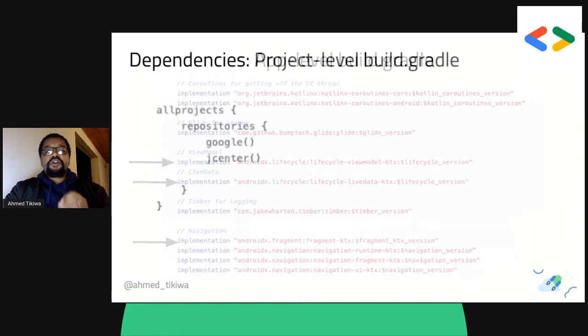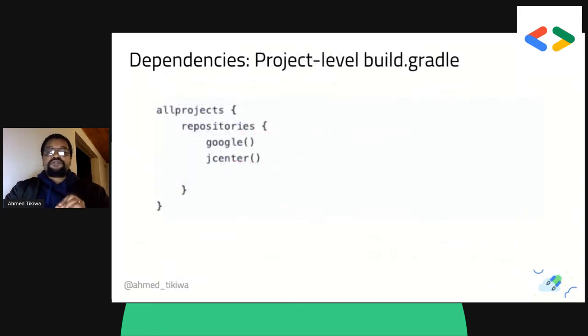And then within your project level Gradle file, you just need, in particular, the Google repository to be added to your build Gradle file. So this is the project level build Gradle file. Within the allprojects block, you need to add this.